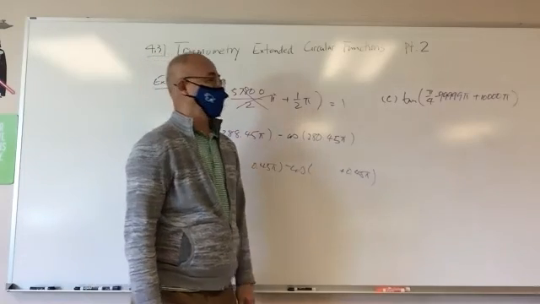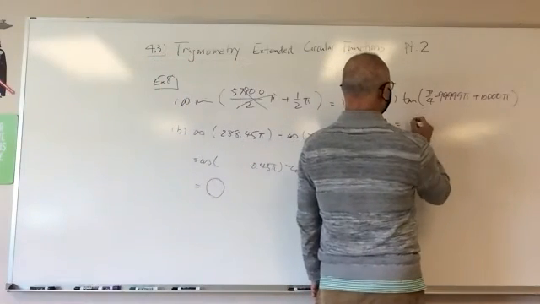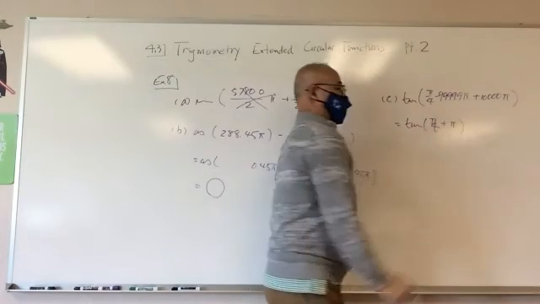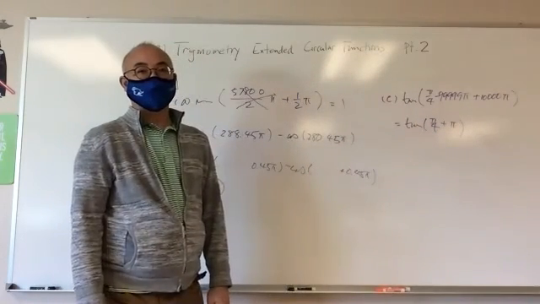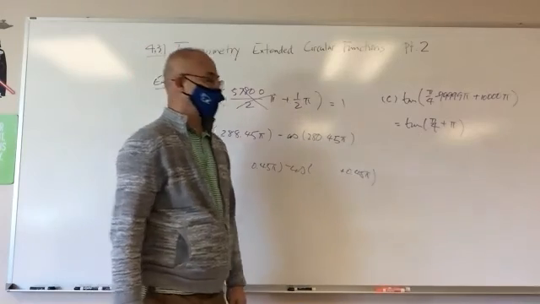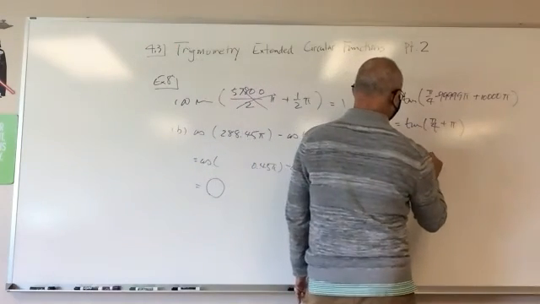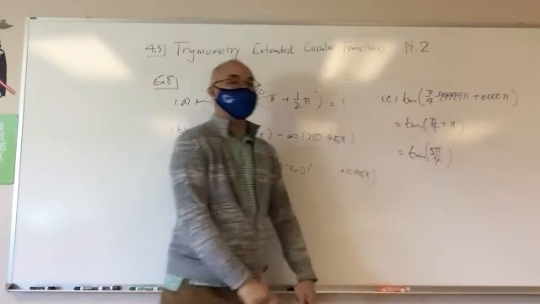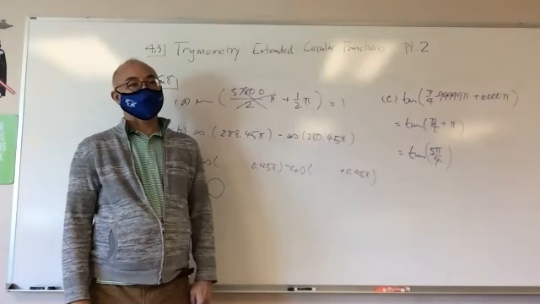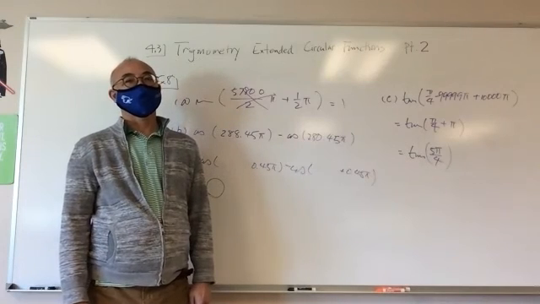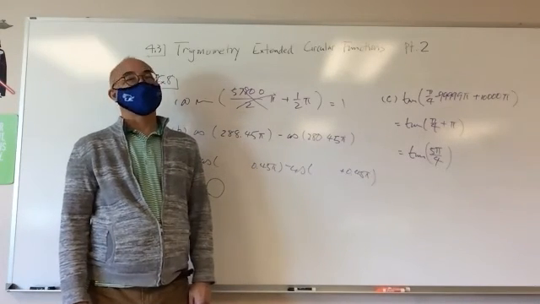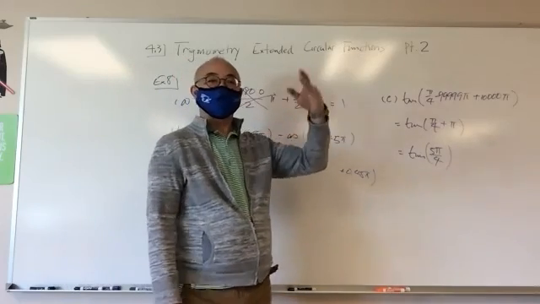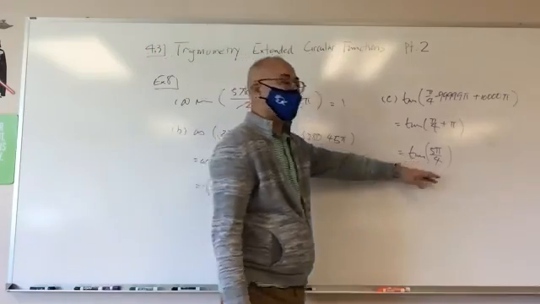So this ends up being the same as tangent 5 pi over 4. What quadrant is this? Quadrant number 3, which means the tangent would be positive, because sine and cosine are both negative, right? It's sine divided by cosine, so it's negative divided by negative. This will be a positive number.